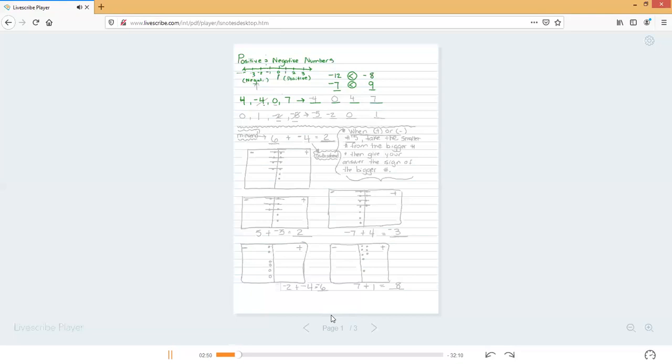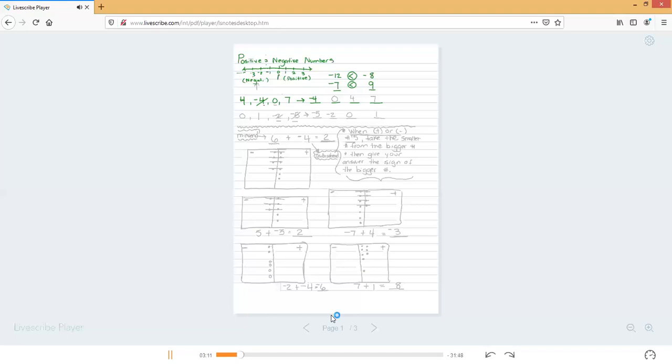Well, who's my biggest negative person here? Oh, it looks like there's only one negative. So therefore, I know I can cross out negative 4. It is my smallest number because it is the most negative. It's negative. I don't want to be around a negative number.